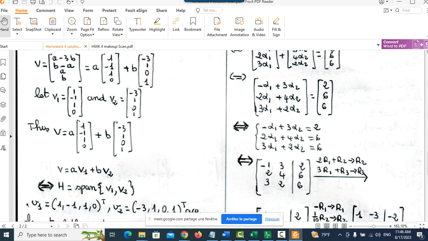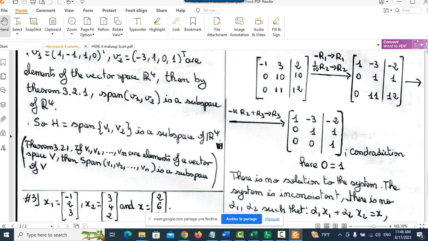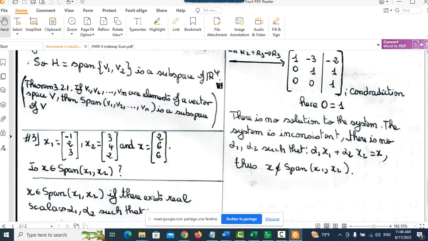My unknowns are alpha 1 and alpha 2, so I need to solve for them. When I solve, I obtain a contradiction: 0 is equal to 1. So there is no solution to the system, and the system is inconsistent. That means there are no alpha 1 and alpha 2 such that alpha 1 x1 plus alpha 2 x2 is equal to x. So x doesn't belong to the span of x1 and x2.